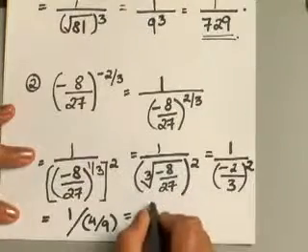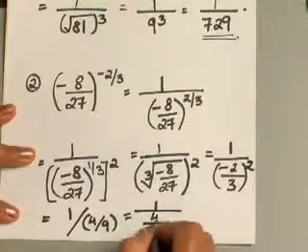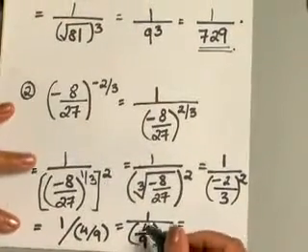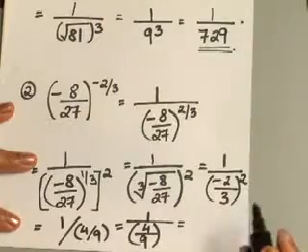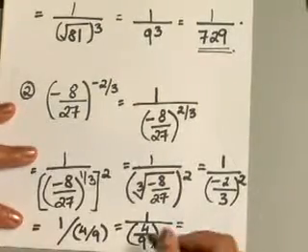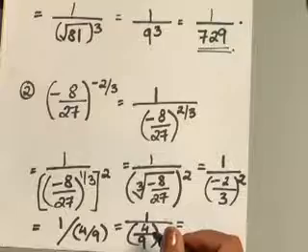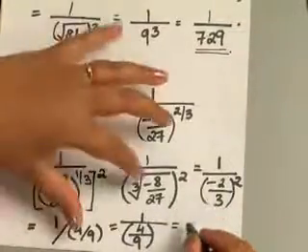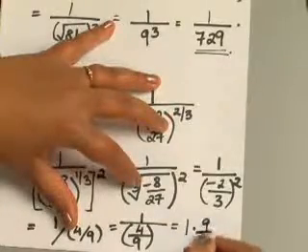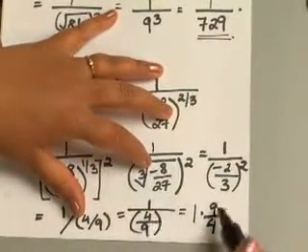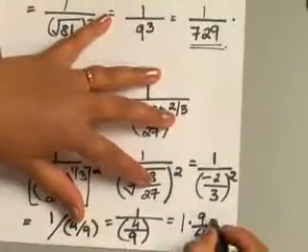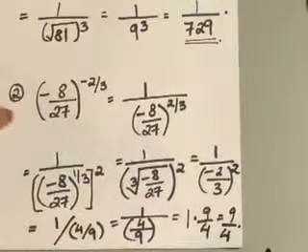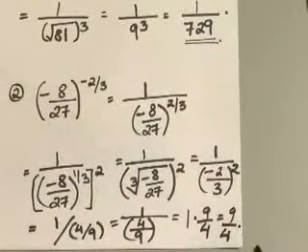Now anytime you have a fraction in your denominator, if you take the denominator and invert it and multiply it into your numerator, so 1 times 9 over 4, you will end up with the value of your expression here, which is 9 over 4.